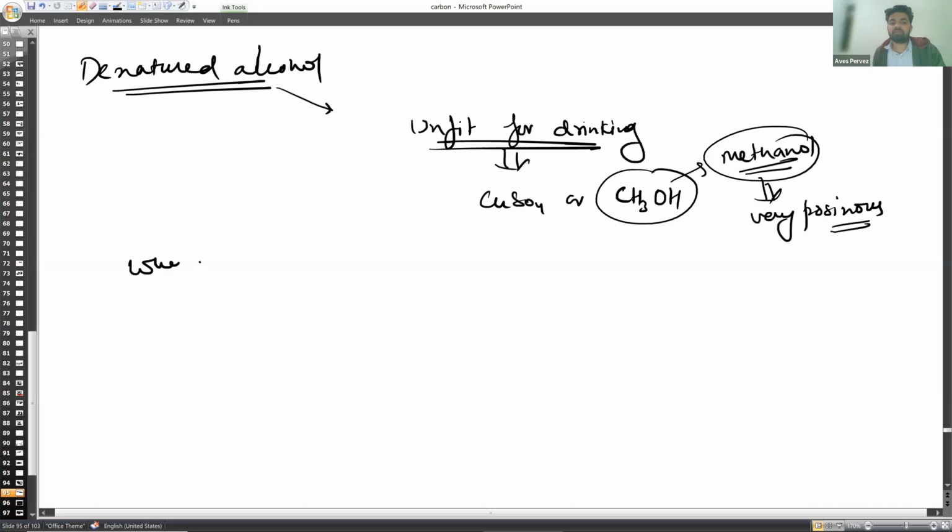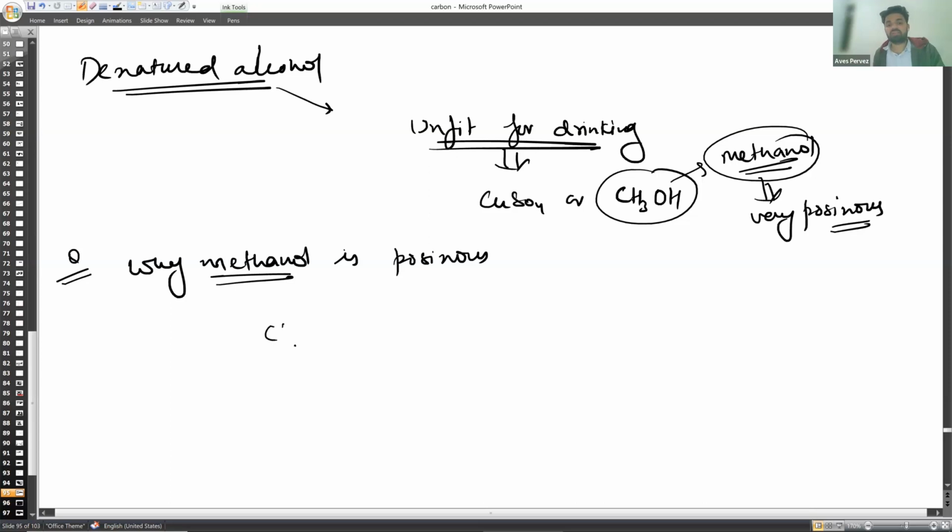Why methanol is poisonous? Tell me. You have written this question. Actually, methanol is partially oxidized in the liver.